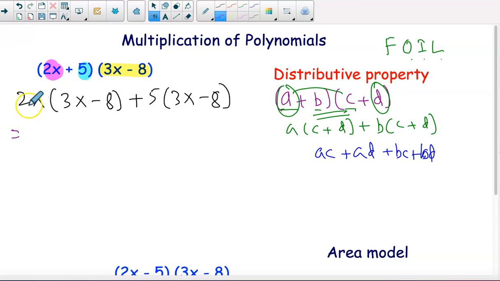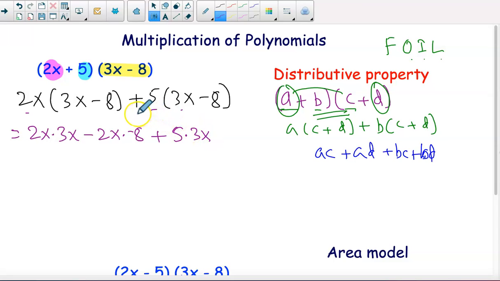Like we did in the previous video, 2x times 3x, and 2x times negative 8, plus 5 times 3x.